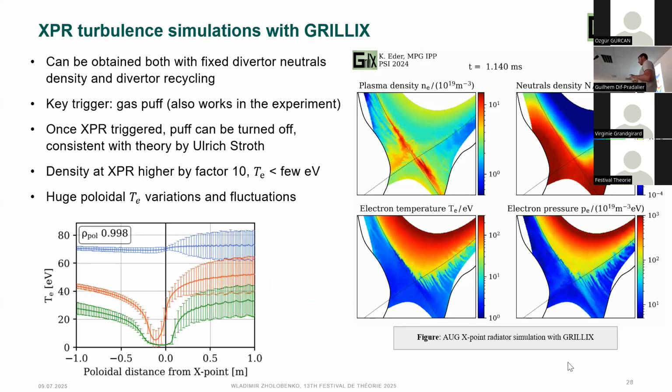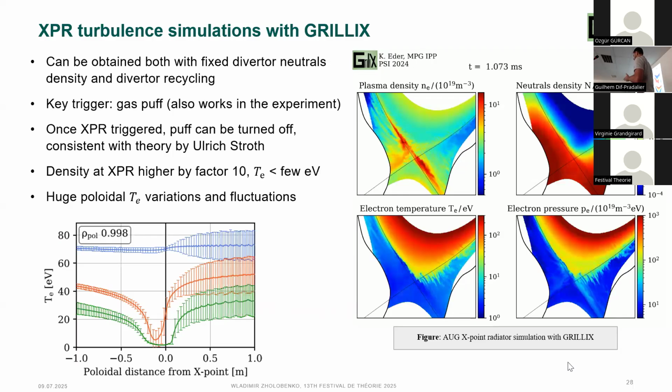So it's not enough for the neutrals to recycle to trigger the state. It's a transition that you need to enforce. Experimentally, there are 2 ways. You can do this with impurity seeding and then feedback control on the impurity seeding, or puffing of the deuterium. And because we have a fixed impurity concentration in the simulations, we are putting a gas puff in the simulations.